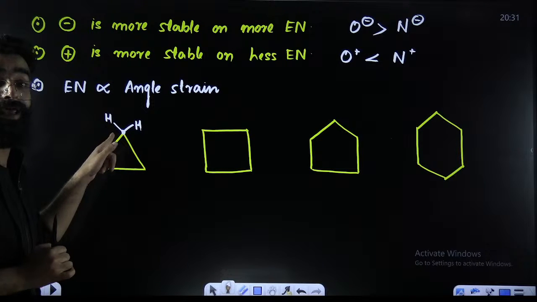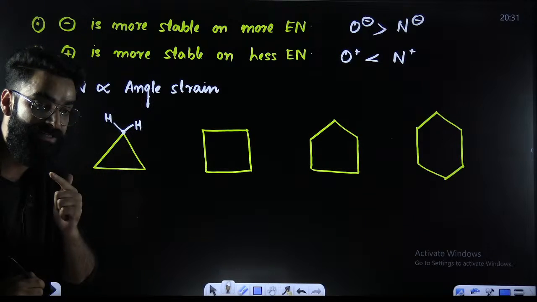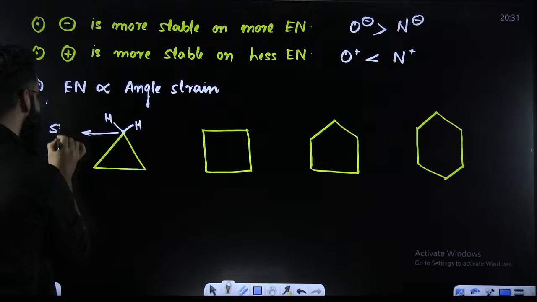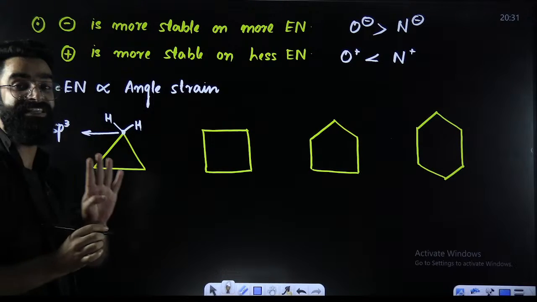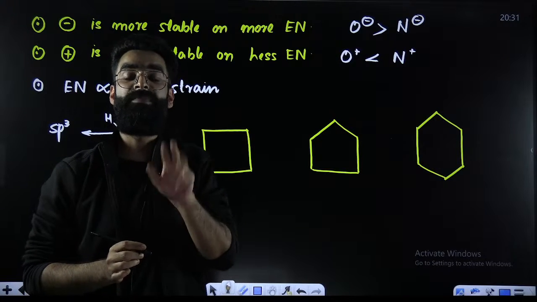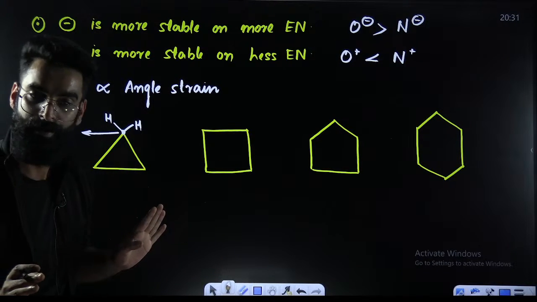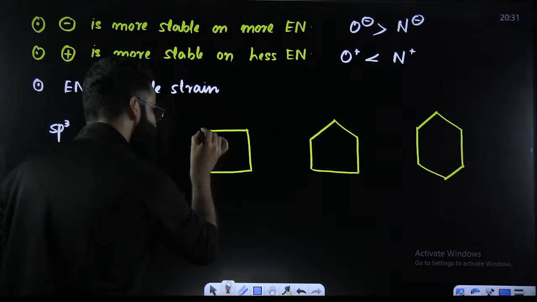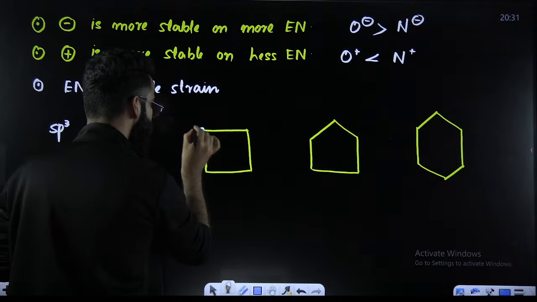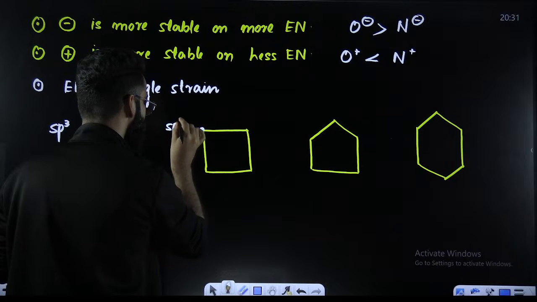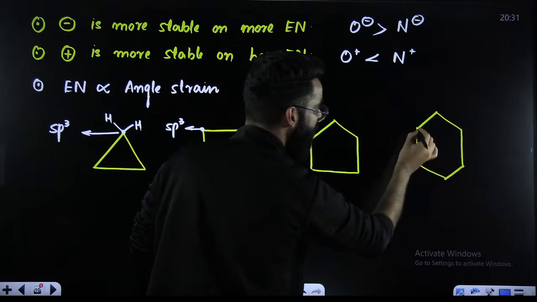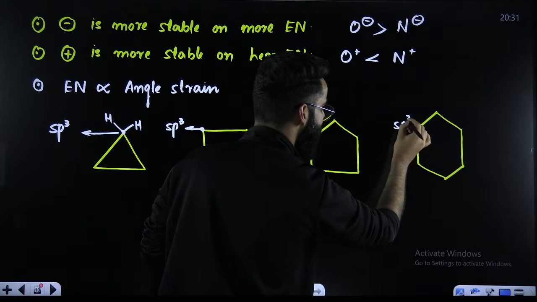So carbon over here is forming 4 sigma bonds. 4 sigma bonds means the hybridization of carbon here is sp3. 3 sigma bonds means sp2. 2 sigma bonds means sp. Similarly, this particular carbon also is forming 4 bonds, 2 here and 2 with hydrogen. So this is also sp3 hybridized. Even this particular carbon is also sp3 hybridized.